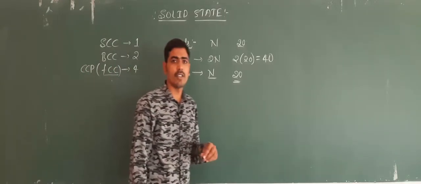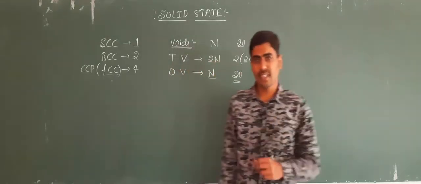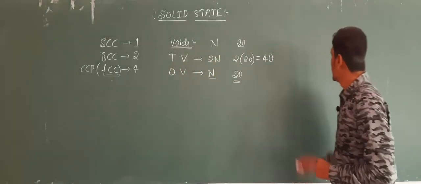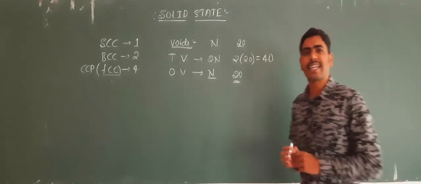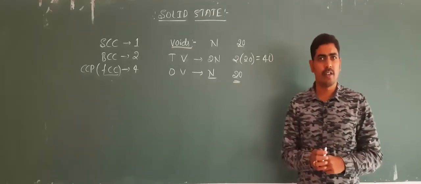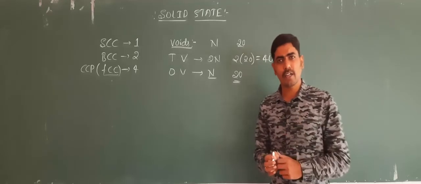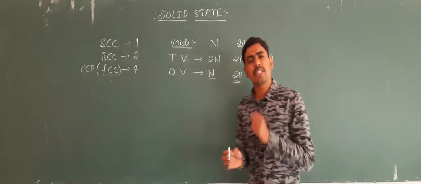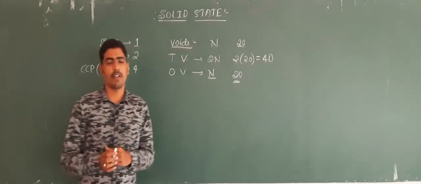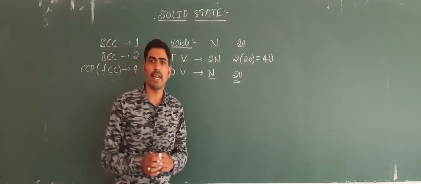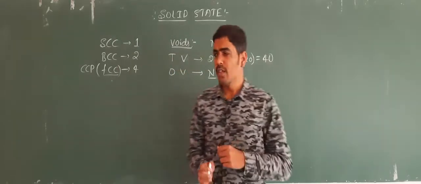Along with that, you have to remember another concept. In a unit cell, especially in the case of ionic compounds, there are two types of ions: cation and anion.